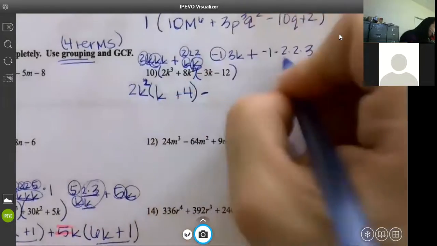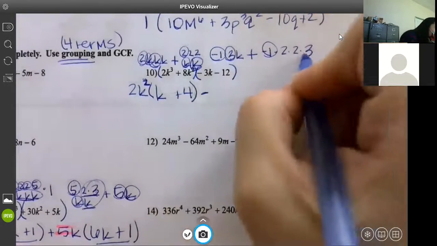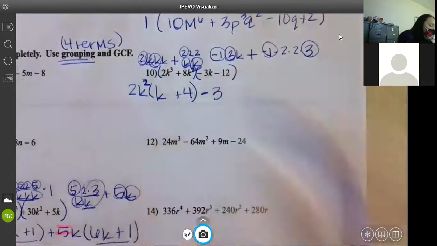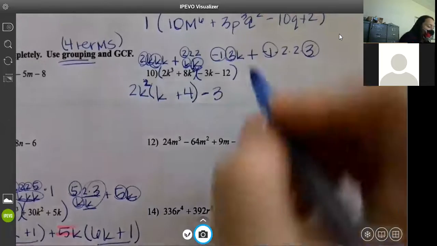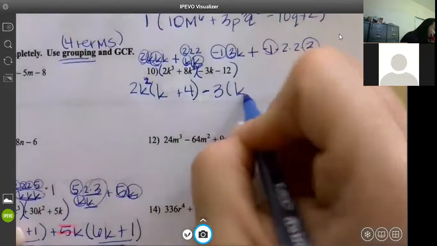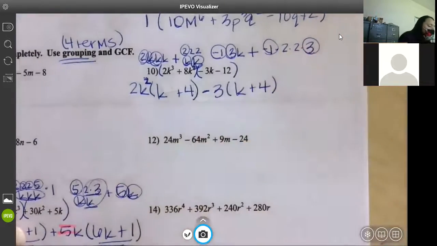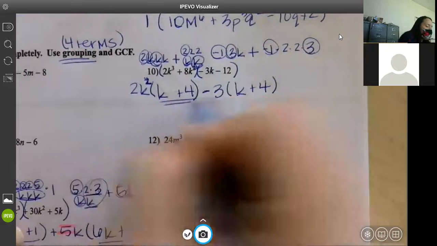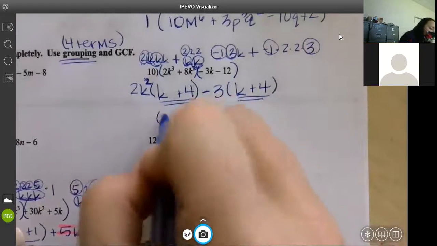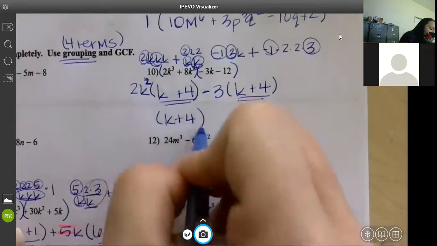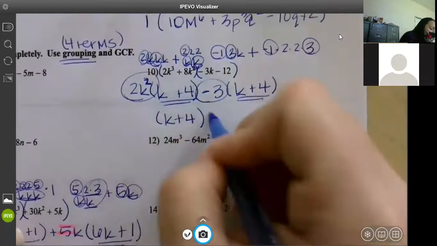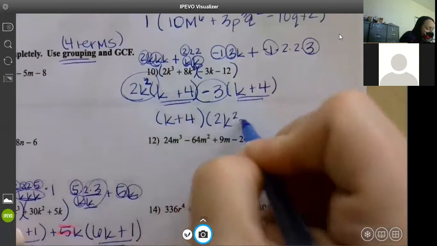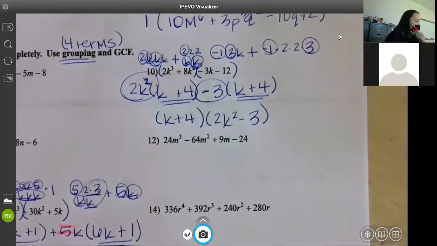So there's your negative 1 in common. And then they have a 3 in common. So we took out a negative 3. It left me with k plus 4. If your parentheses are the same, you did it right, and you write them down, and then you write your leftovers. 2k squared minus 3.